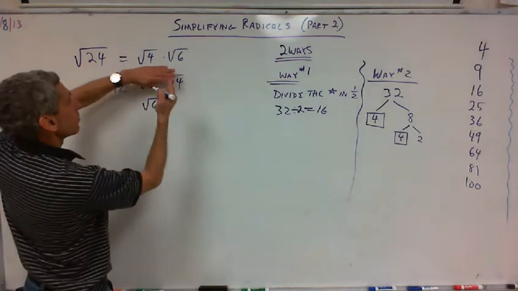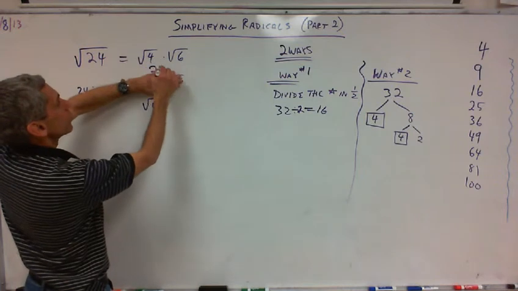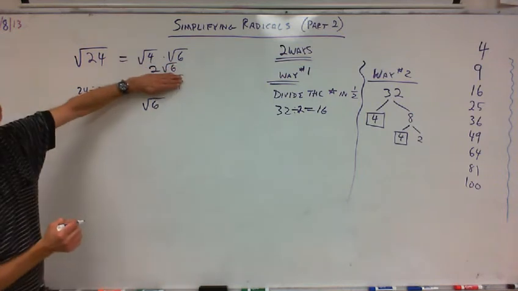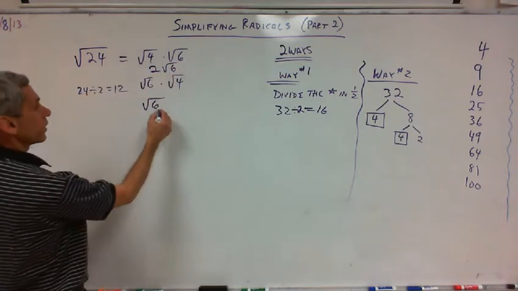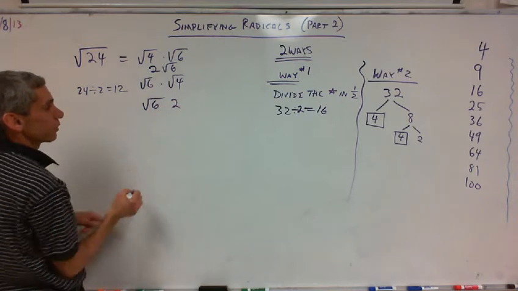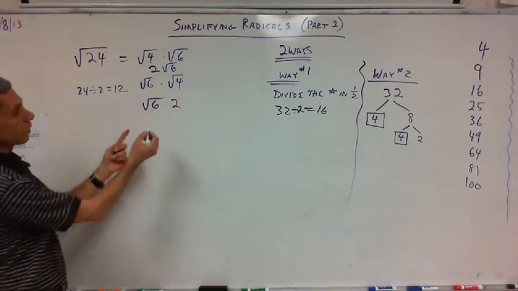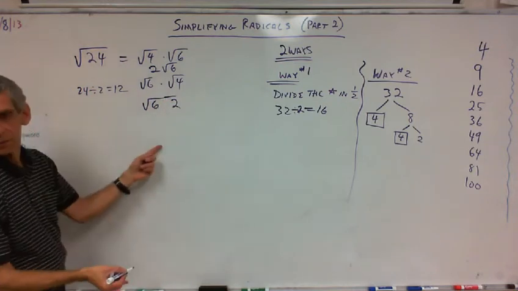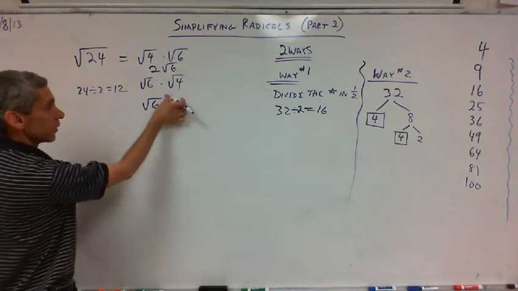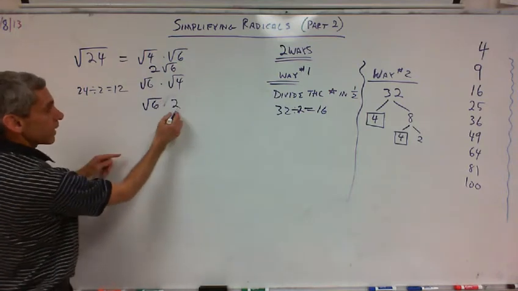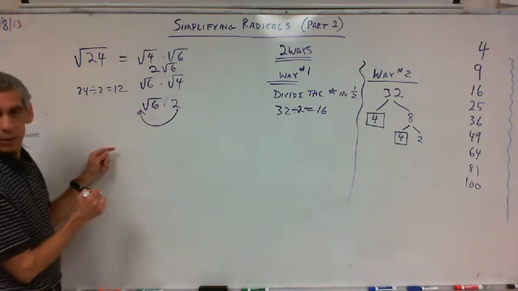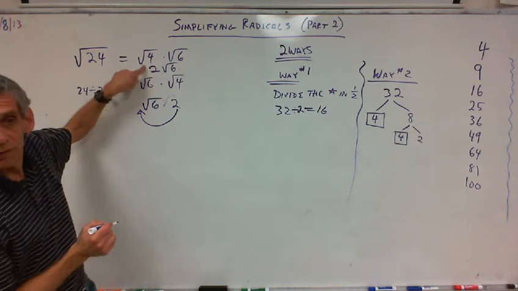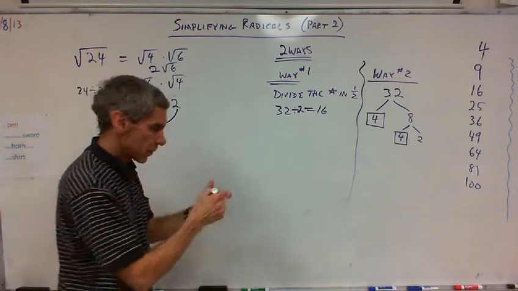Because then when I come down, I'll have just 2 square root of 6. It's already in the right order. Whereas if I do it this way, I'll have square root of 6 times 2, which sort of looks like the square root of 62. Which it isn't, but that's what it looks like. So this has to be always over here. So if you always write the perfect square first, it will always be there, right? All right, let's try another one.